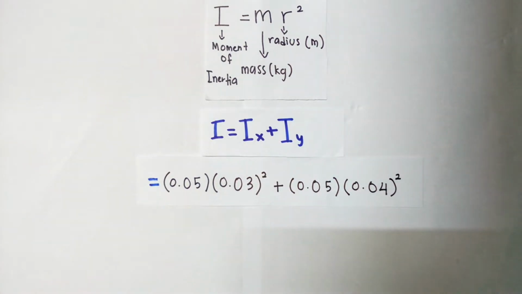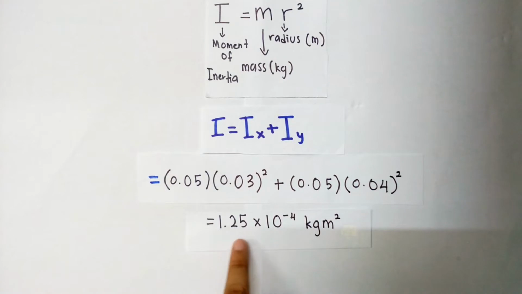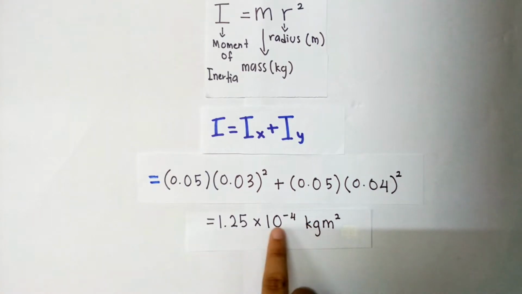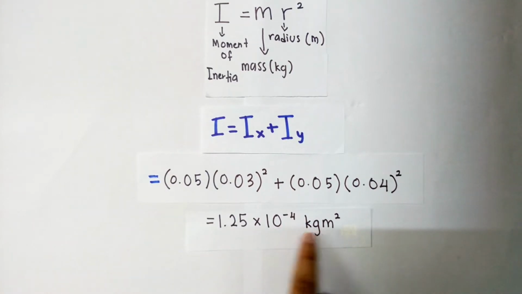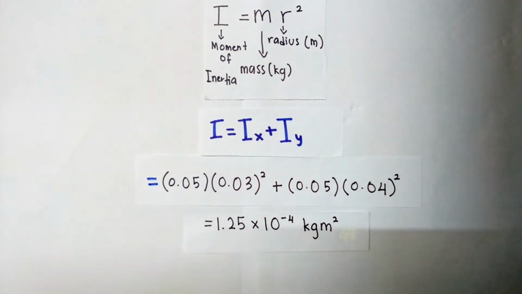So the answer we will get is 1.25 times 10 to the power of negative 4 in unit kilogram meter squared. That's all.